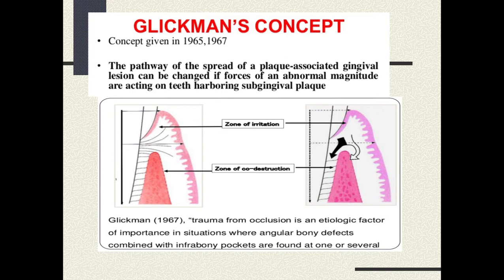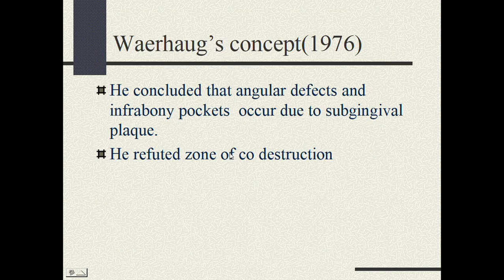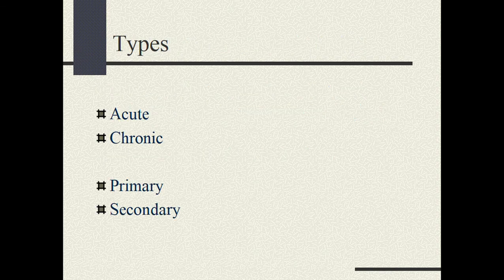And he divided the zone into zone of irritation and zone of co-destruction. Next is Waerhaug's concept, given in 1976. He concluded that angular defects and intrabony pockets occur due to subgingival plaque, and he refuted the zone of co-destruction.